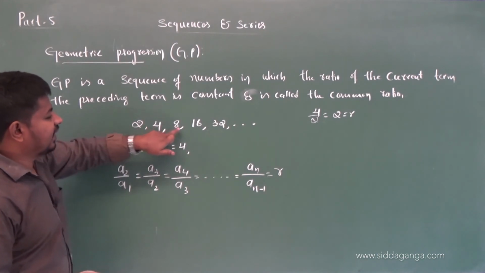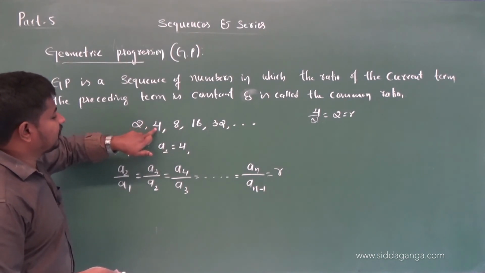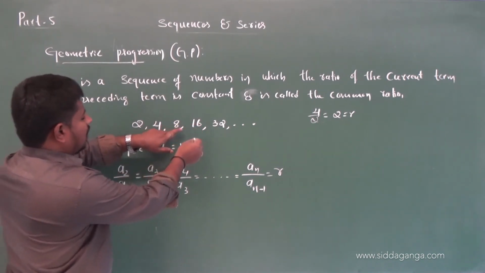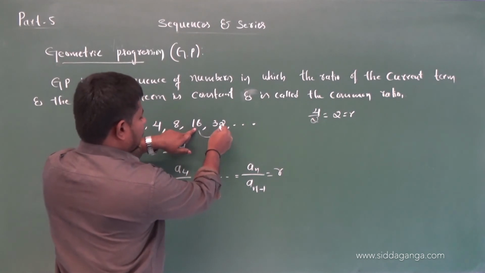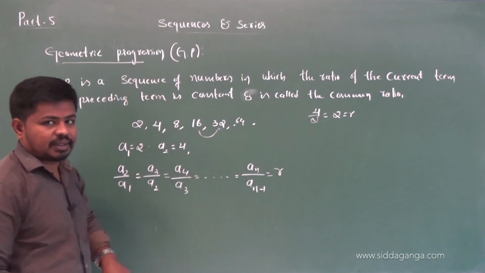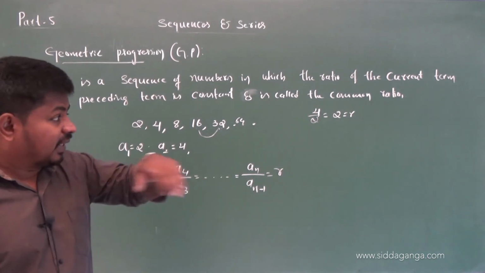In the same way, to get 8, you multiply 4 with 2. R into this gives the next term. 32 times 2 means 64 is the next term, and so on. And to get the preceding term, what to do?